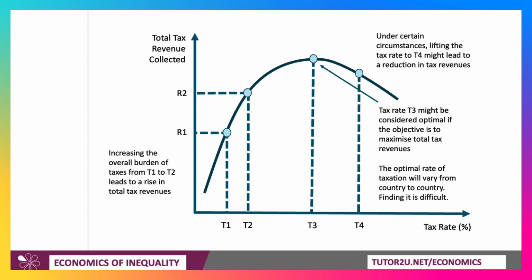But under certain circumstances, lifting the tax rate from T3 to T4 might lead to a fall in total tax, whereas tax rate T3 as a percentage might be considered optimal if the objective is to achieve the maximum tax revenues. The optimal rate of tax, of course, will vary from country to country, and finding it is difficult. So there's your standard Laffer curve, if you like.